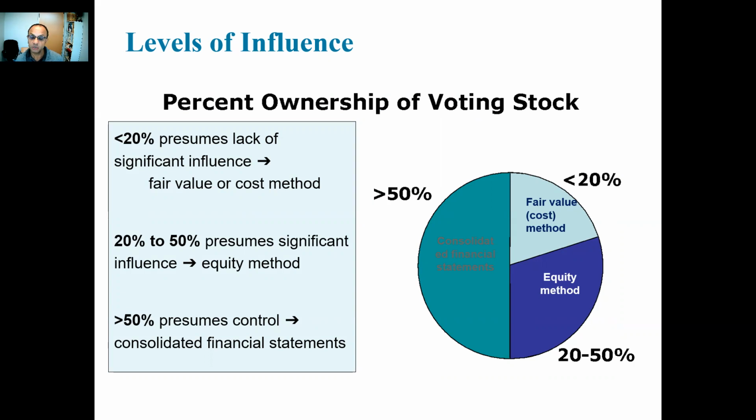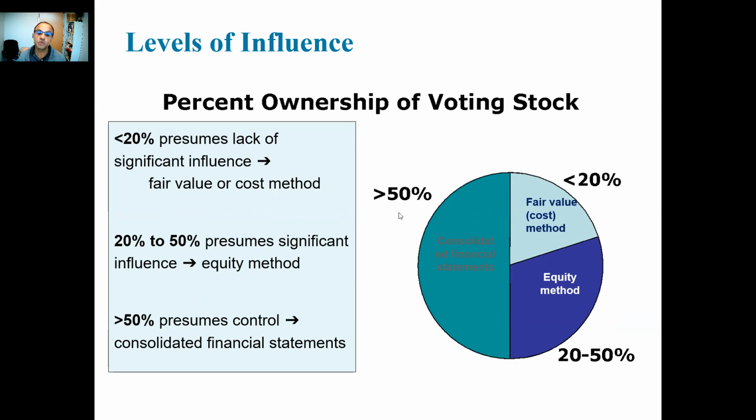If the company or the parent company acquires between 20 and 50%, this one we call it significant influence on the subsidiary company. And here they use a new method in recording, we call it equity method. And there is a huge difference between fair value method and equity method.